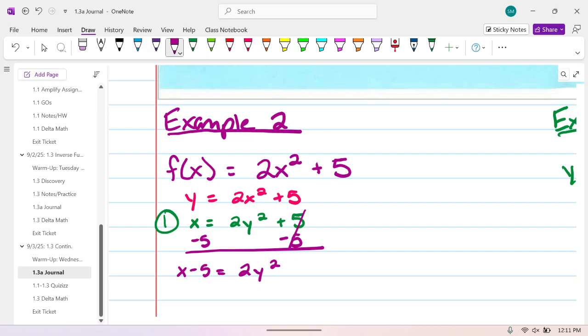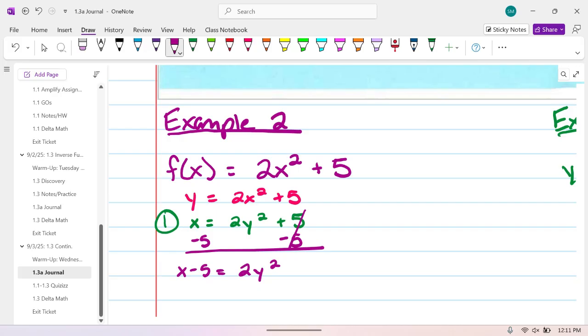Because we have to divide first. In other words, the y is not by itself yet. We got to get rid of that 2 first before we can even touch the square. So a square is another name for a what? What part of SADMEP is a square? It's an exponent. What operation is this 2 doing to the y?